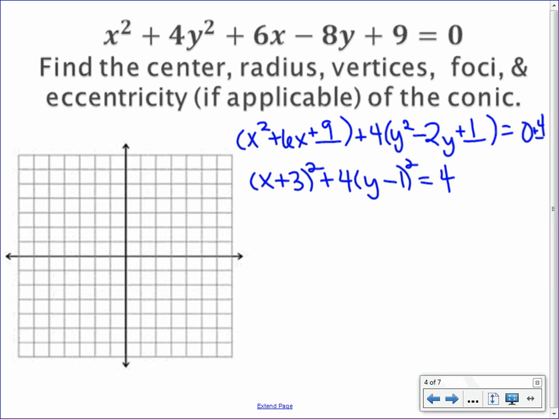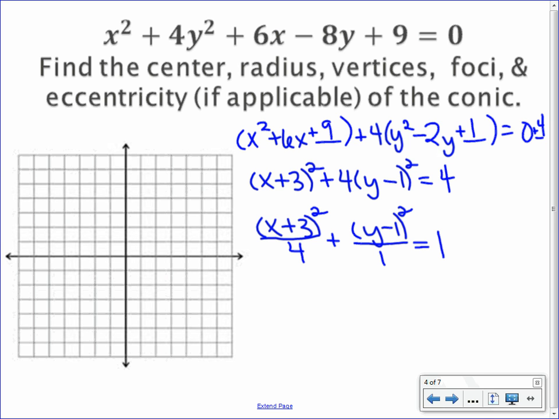Now remember, this must equal 1, so we have to divide both sides by 4. So x plus 3, the quantity squared, over 4, plus y minus 1 squared over 1 equals 1. Obviously, you don't have to put the over 1.